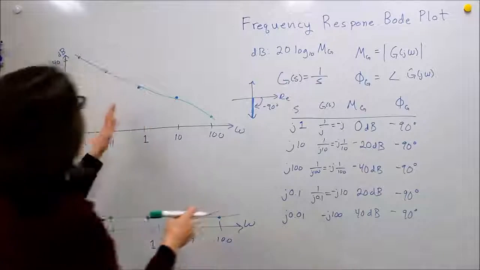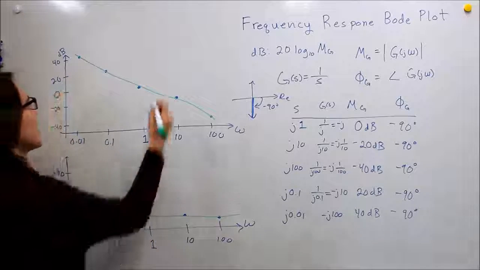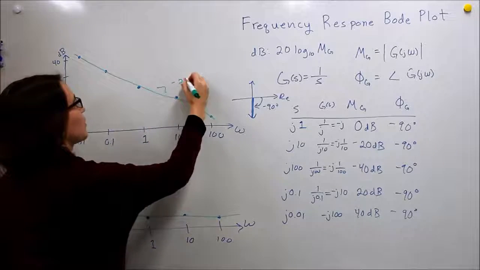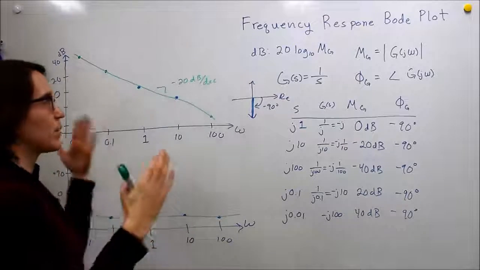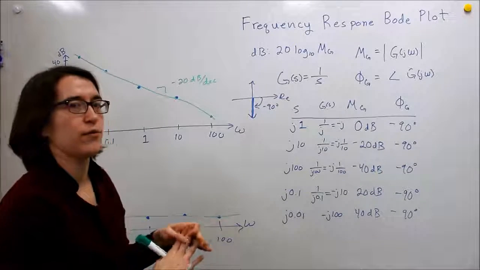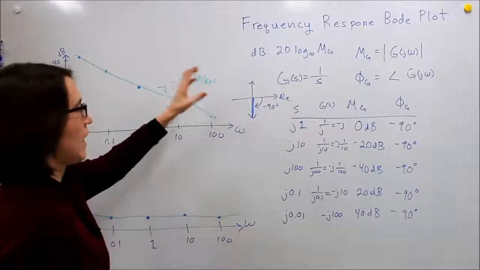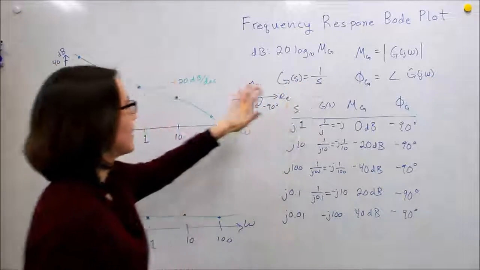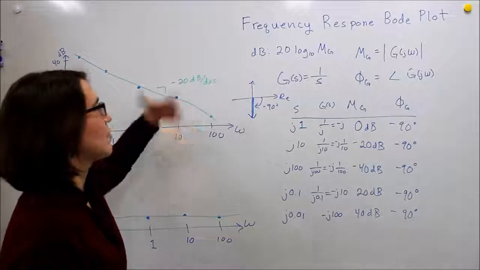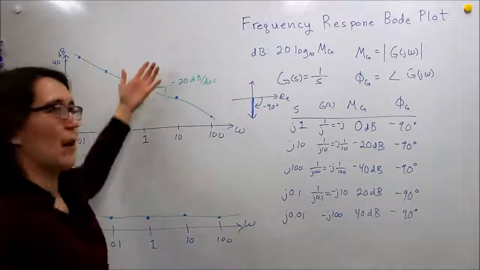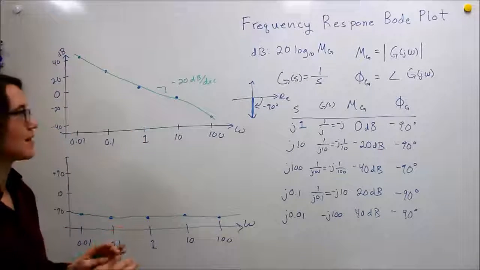And if we look at our decibel change per decade, this time we have a negative 20 dB per decade, which is pretty much exactly opposite of when we just had G of s equal to s. So if we have an s in the denominator, it will contribute this kind of decline. And if it's in the numerator, it will give the opposite increase. So this will be important as we look at more complex systems.